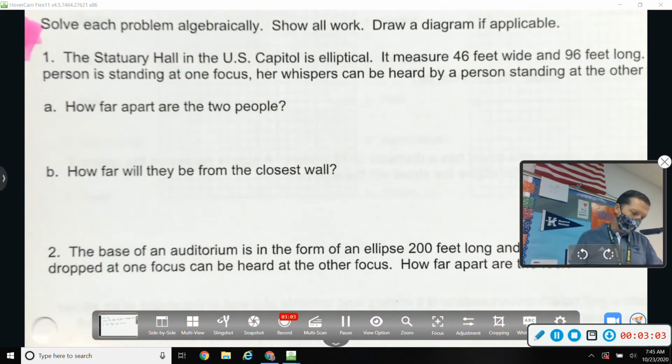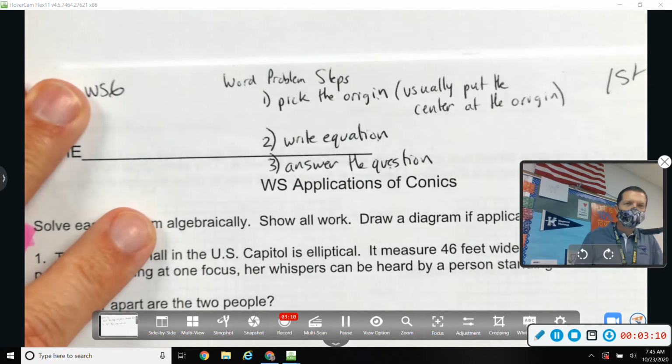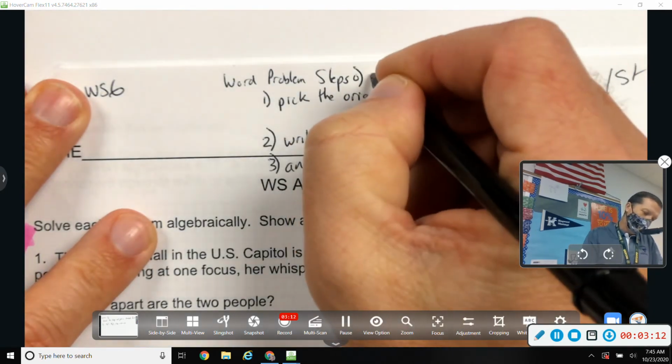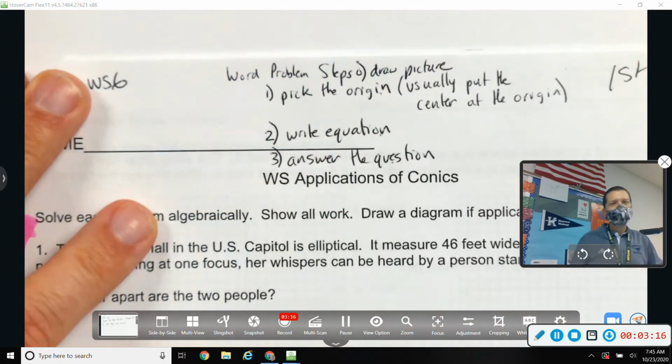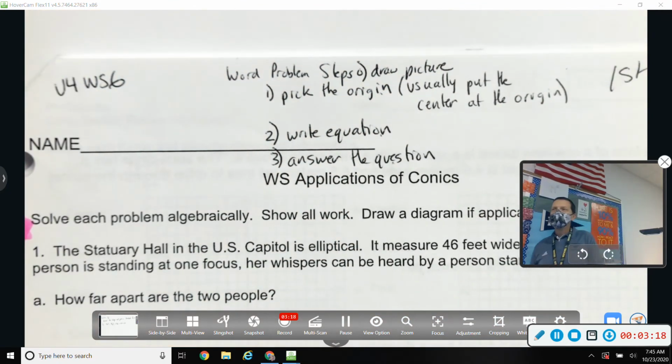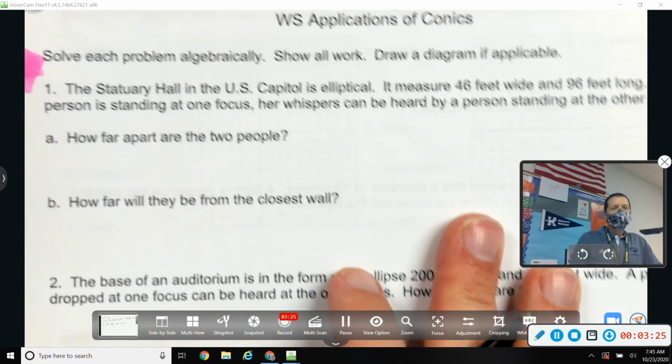How far apart are the two people? Again, I don't know how far apart the two people are, but let's draw the picture. That probably should have been step 0. Let's change this. Draw the picture. Step 0. Or step 1/2 if you don't like a 0 step. How far apart are the two people?